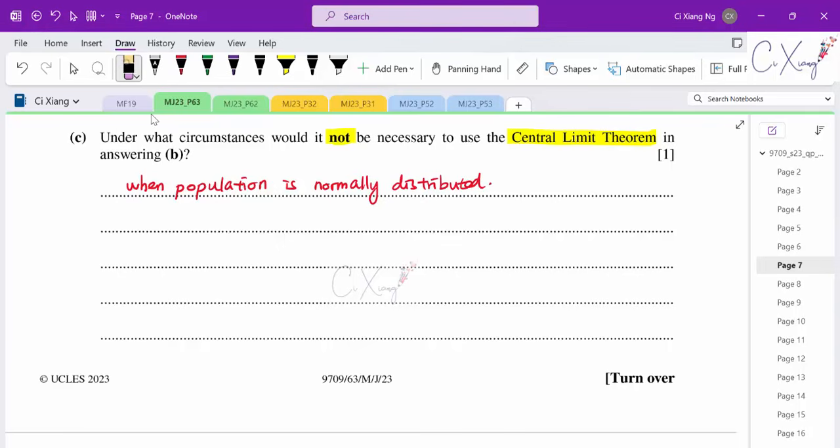Because we are talking about the time of the pizza delivery, you can write, when the delivery time in the population is normally distributed. When the population is already normal, we don't need the central limit theorem to assume that the sample is also normal. So this is what we have for question number 5.